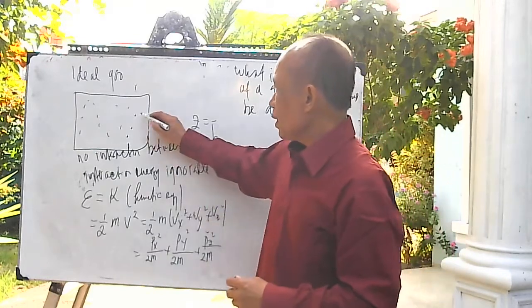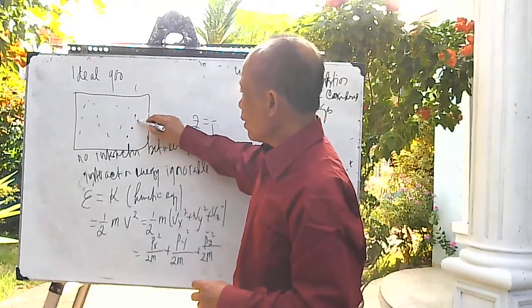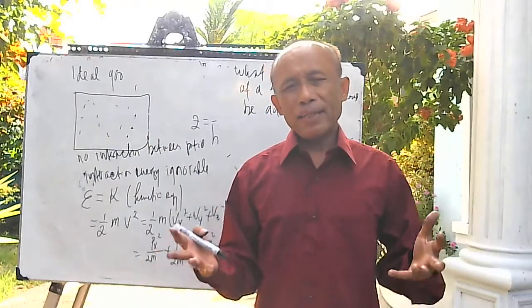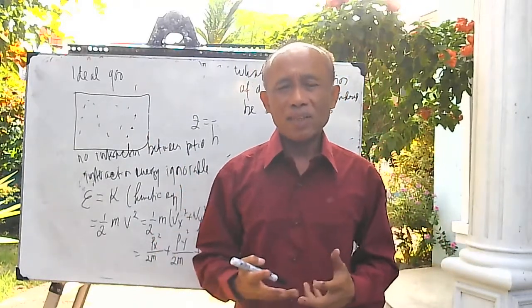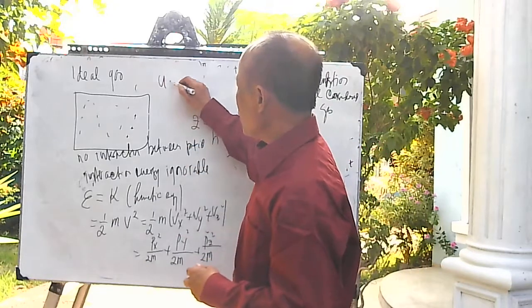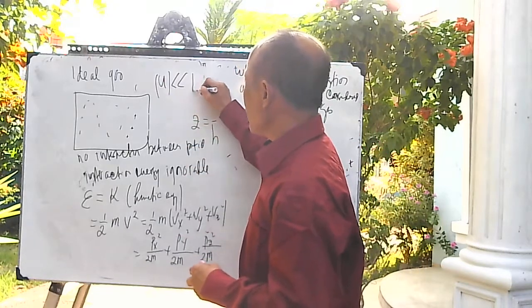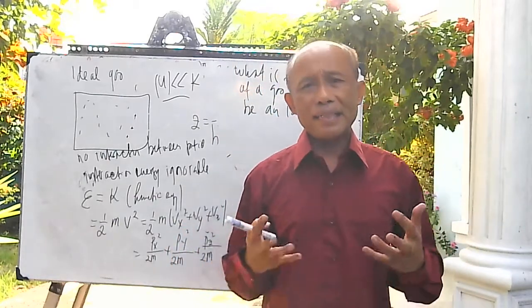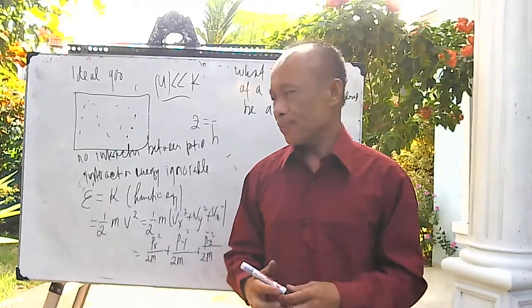So even if there is interaction between particles, there is interaction potential, but if such potential of interaction is much smaller than the kinetic energy of the gas, we can consider the gas as an ideal gas.